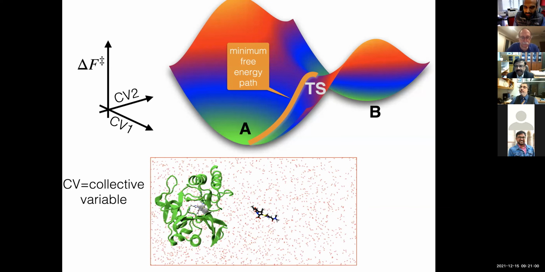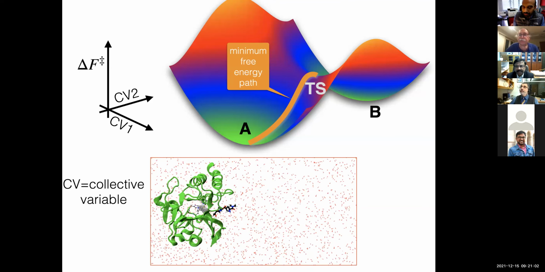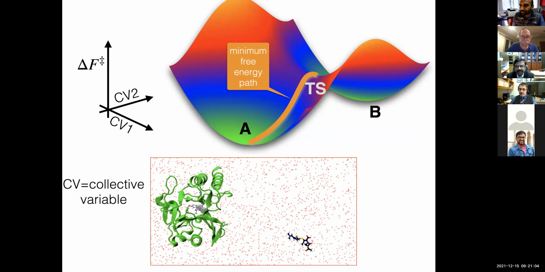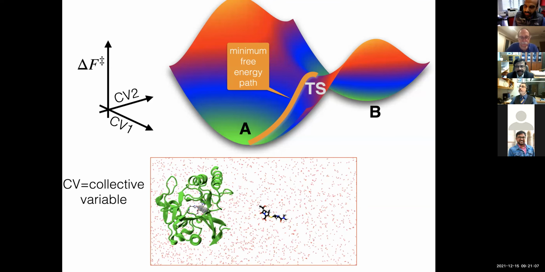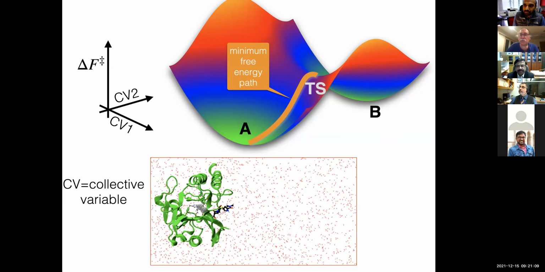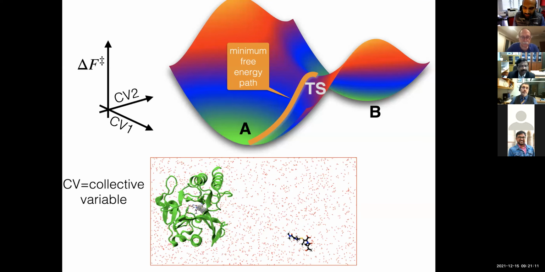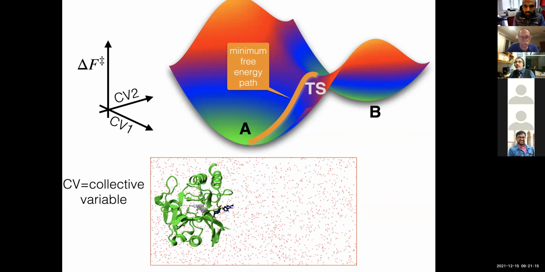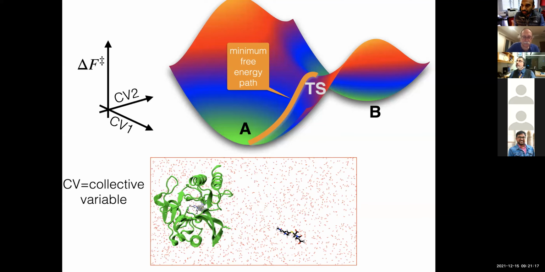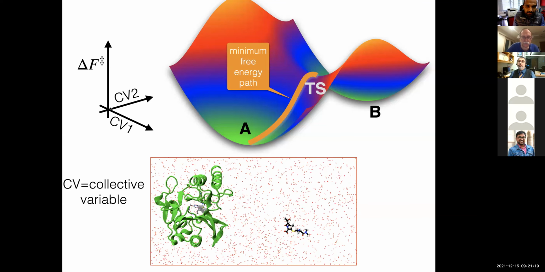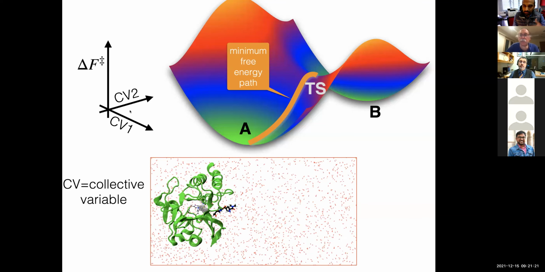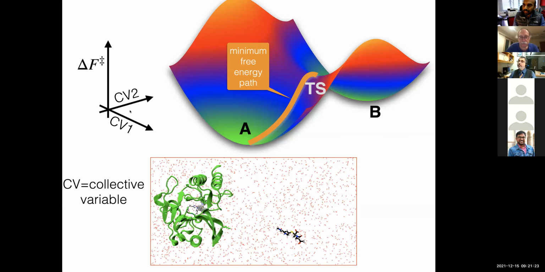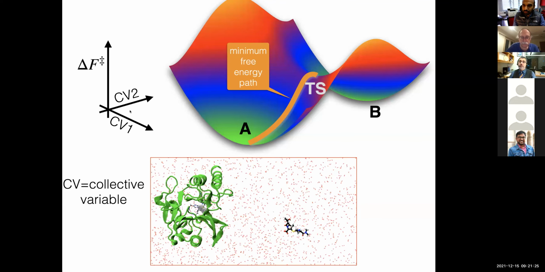For example, for drug binding and unbinding, we may need something like 25 collective variables to sample all the conformations, and also to understand what is going on within this molecular system. We're not just talking about 2 collective variables like I've shown here. It's something very big. It could be 8, 10, 15, 20, something like that.